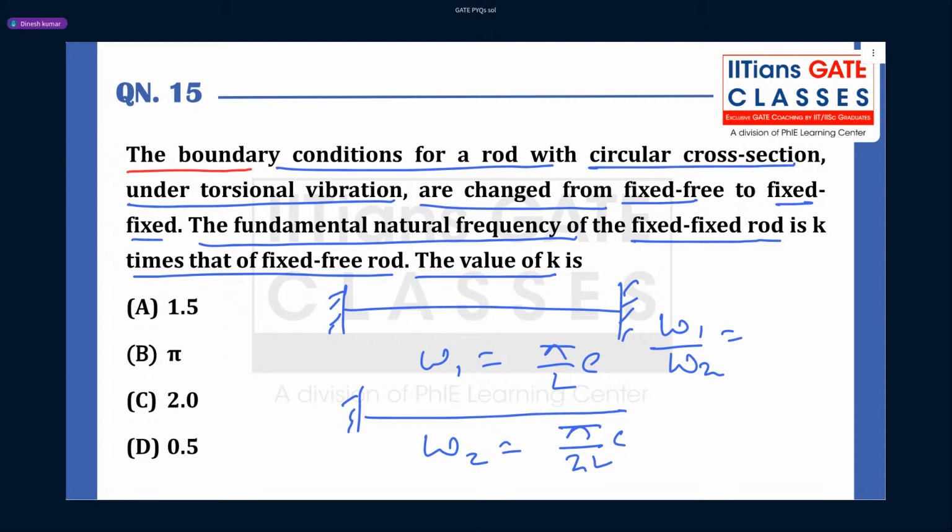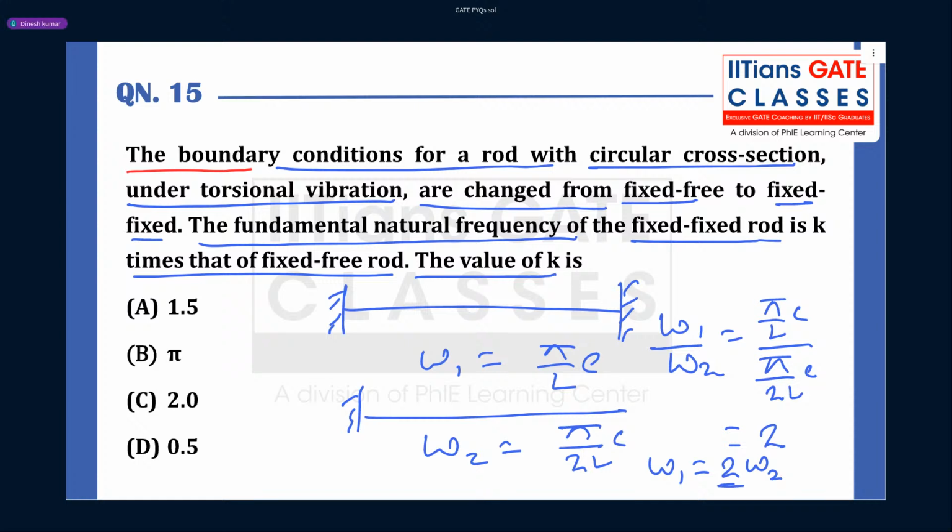It will be pi by L into C upon pi by 2L into C, which is nothing but 2, right? They told omega 1 in terms of omega 2, so it is 2 times omega.